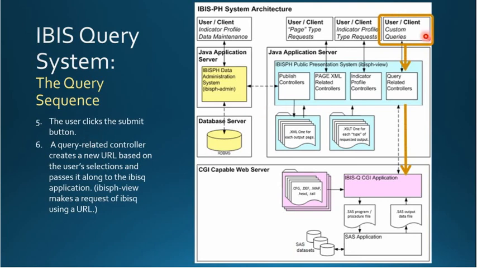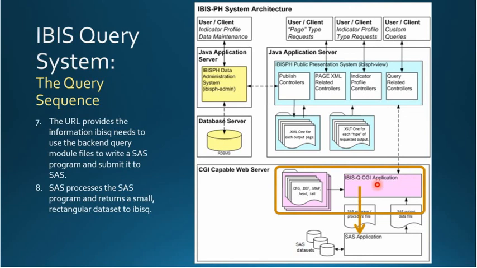The user clicked the Submit button, and that told IBIS-View that their selections were complete. IBIS-View grabbed their selections and created its own URL that it sent to the IBIS query application. That's a special URL, and I'll do a whole video on it later.